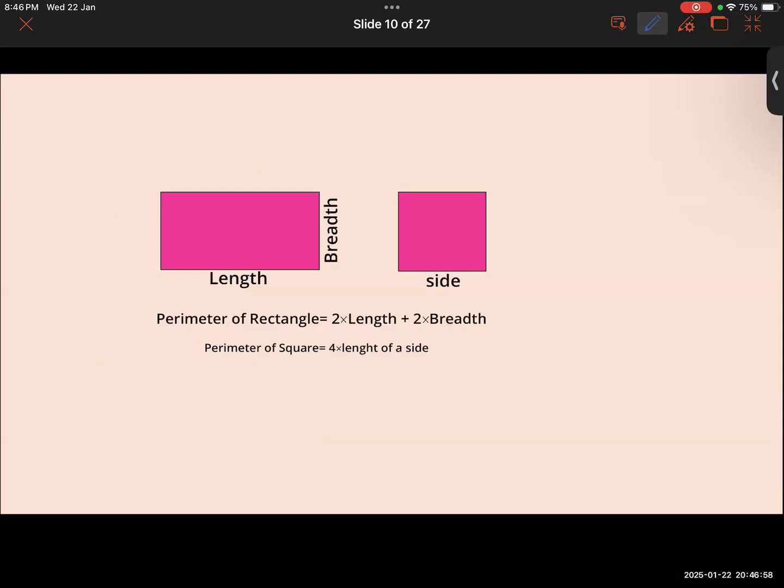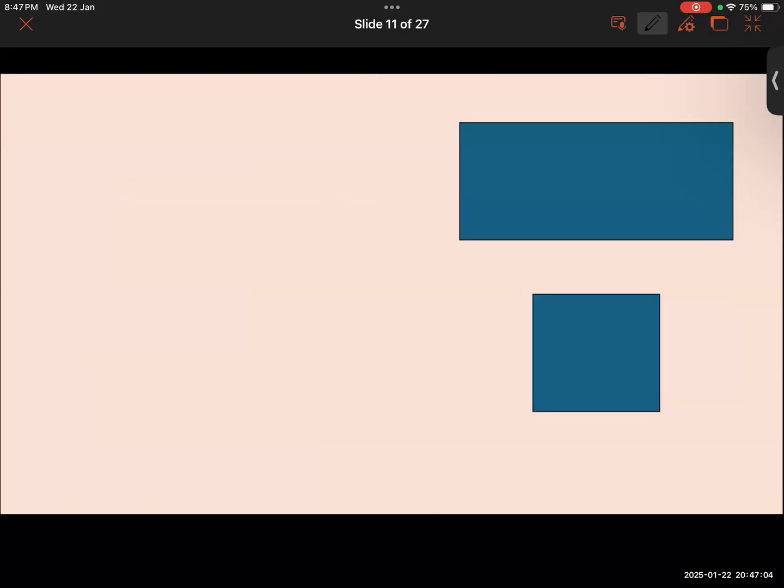Now talking about the perimeter of a square. As we know, all the sides of a square are equal. All the sides are equal, right? Say that this is L. This is L, this is L, and this is L. L here is for length.